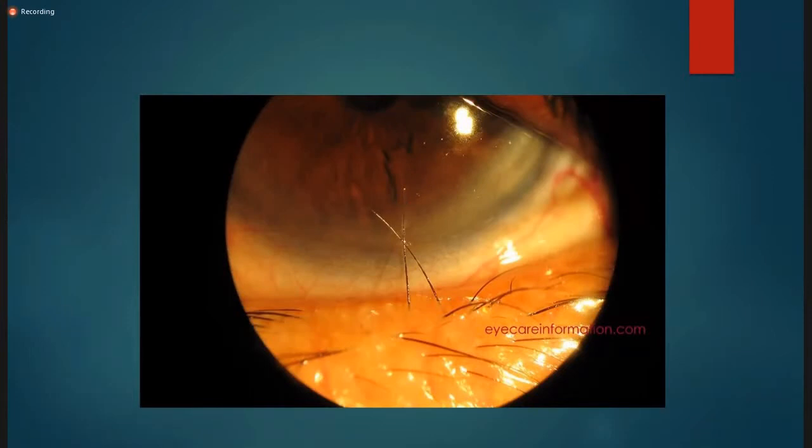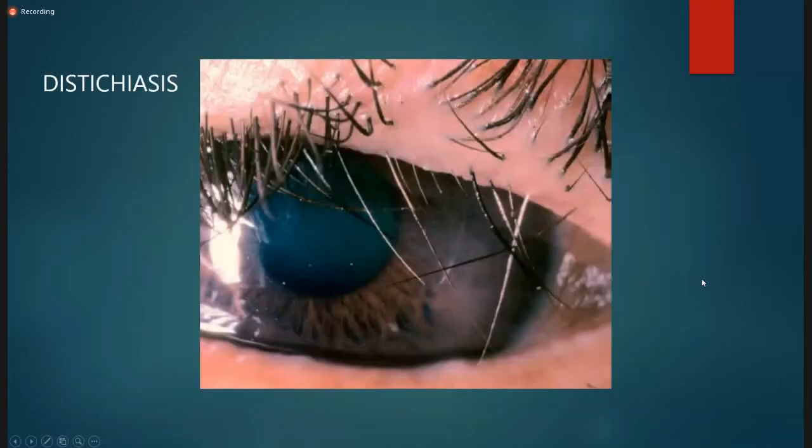That can also lead to corneal opacity in late stages. Dystrichiasis: the upper lid is pulled upward to show you these are the meibomian gland orifices and the lashes grow from the meibomian gland orifices. This is dystrichiasis.